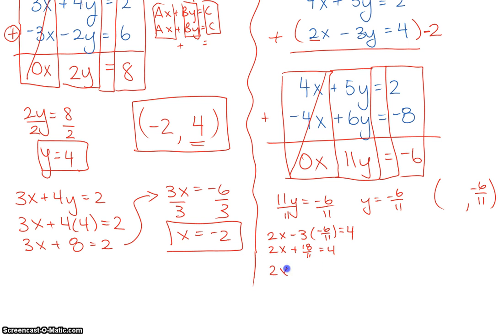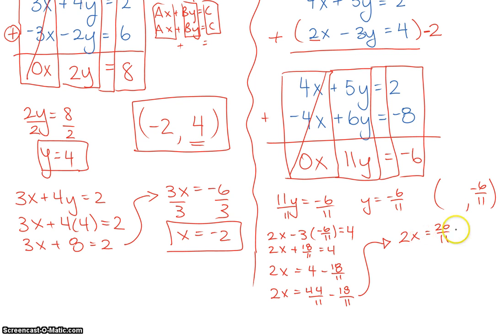And now I do 2x equals 4 minus 18 over 11. Common denominators give us 44 over 11 minus 18 over 11. So then you get 2x is going to equal 26 over 11.